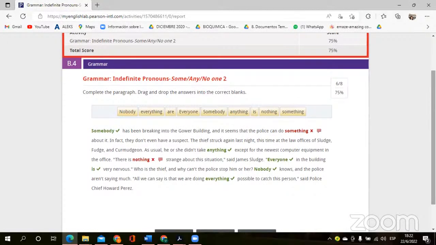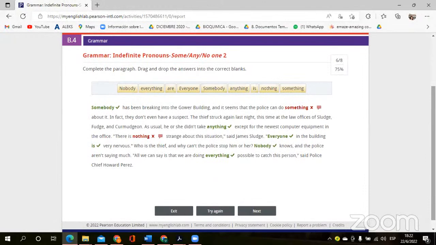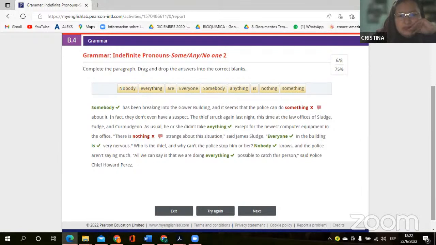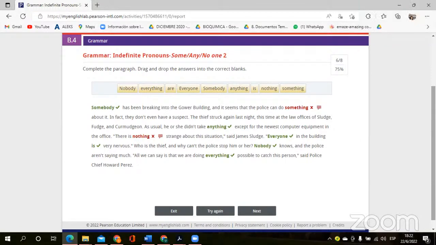Ok, Chris. Ahí creo que está al revés, ¿no? Something in nothing. I can do. A ver, and it seems that the police can do. Yes. Pueden hacer algo, pero con el contexto podría ser mejor.